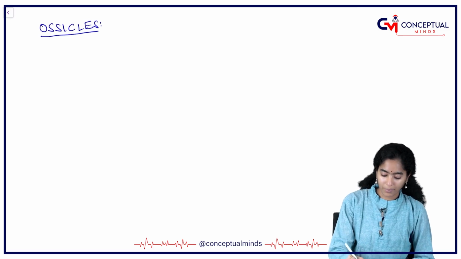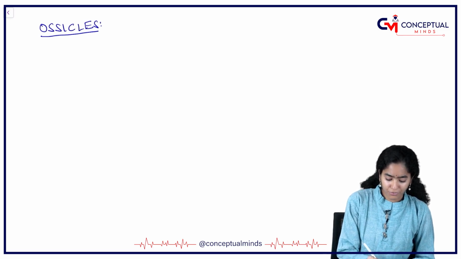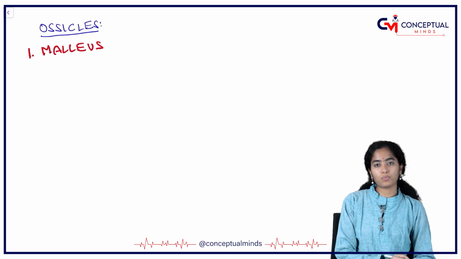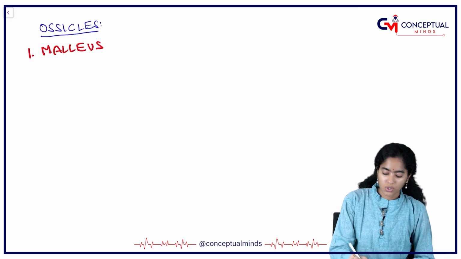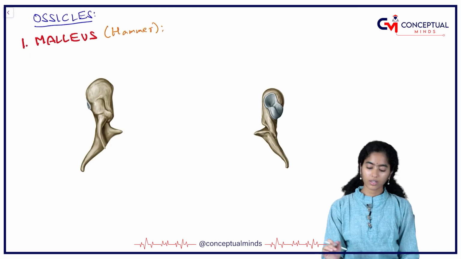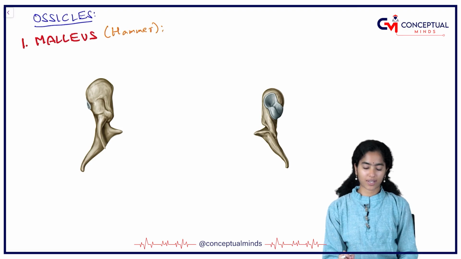Let us study one by one in detail. The first ossicle is the malleus. All of these bones have common names also. The common name of the malleus is the hammer. Let us look at this picture of the malleus and understand its various parts.